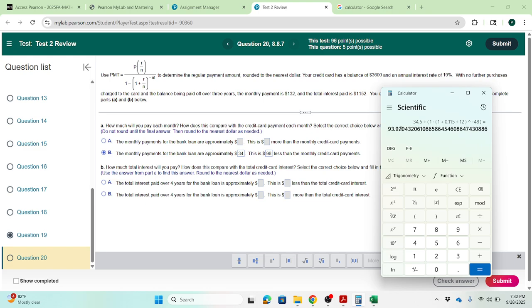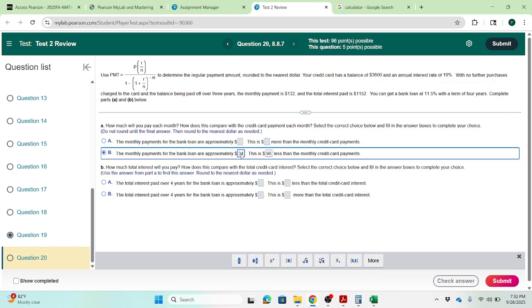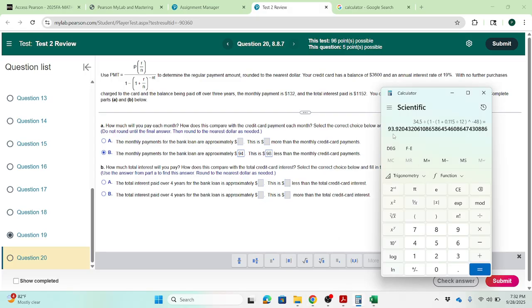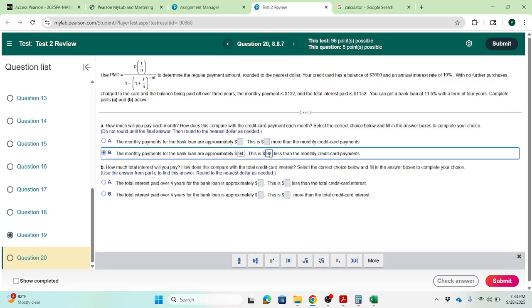That is 94 bucks, not 34 bucks. 94 bucks, which is 132 minus 94, 38 bucks less than the credit card payments. Okay.